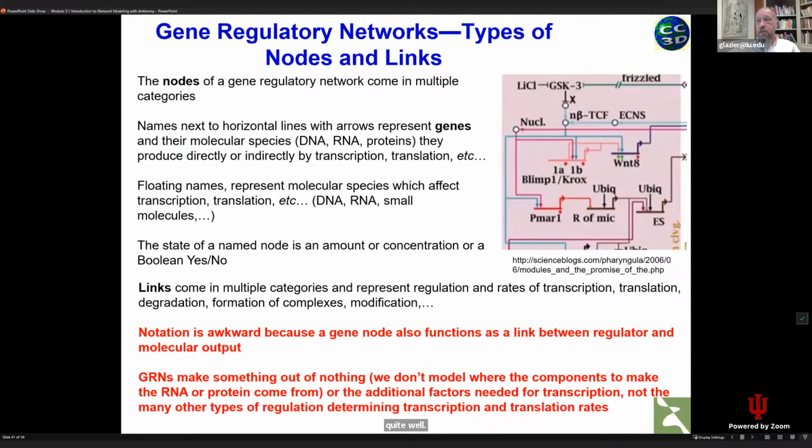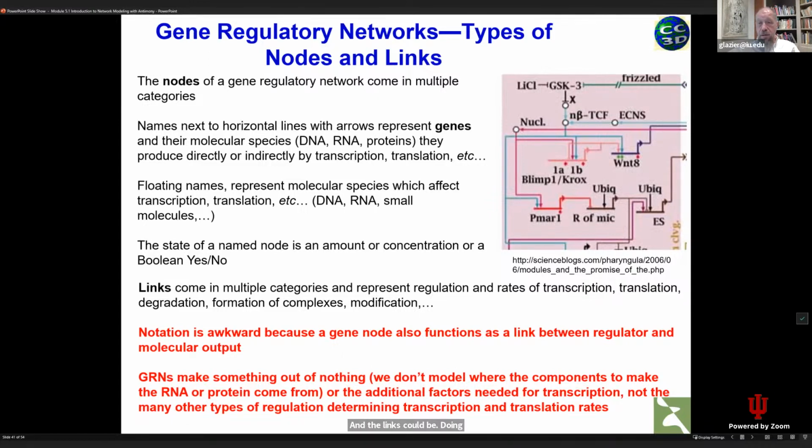There are a lot of different standards for how these can be described. Again, nodes can be the gene, the regulator, the RNA, or the resulting protein, and the links could be doing a variety of things.